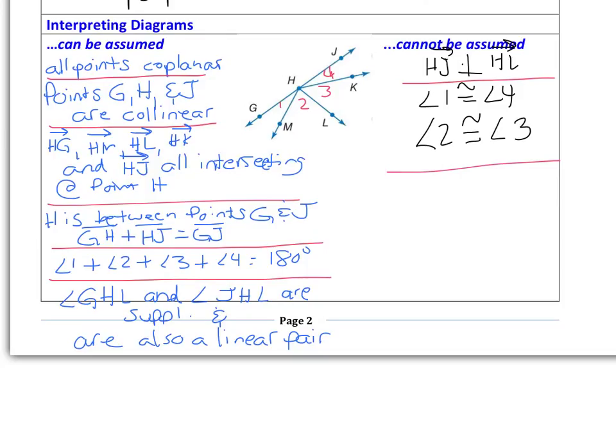So, for example, segment GH cannot be assumed to be congruent to HJ, or HM cannot be assumed to be congruent to HK, and any other segments that are not marked to be congruent.